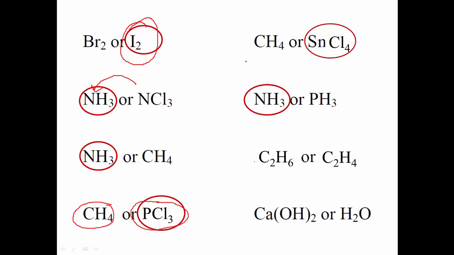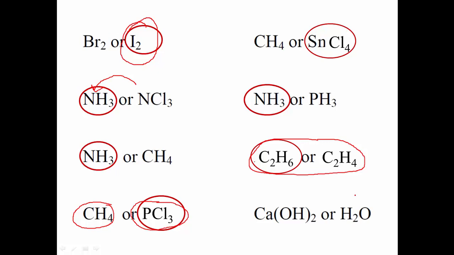Ammonia can hydrogen bond. Now you've got two molecules that if you built them would be nonpolar. But C2H6 is much larger. So if they're both nonpolar and have only London dispersion, the larger molecule will have stronger London dispersion forces because it has more electrons, more chances for disruption of those electrons, and more of those instantaneous attractions.